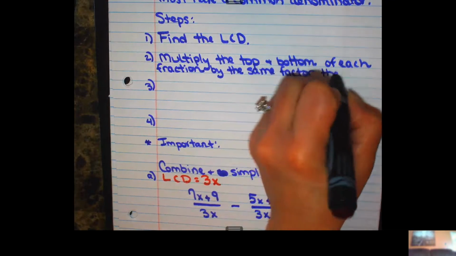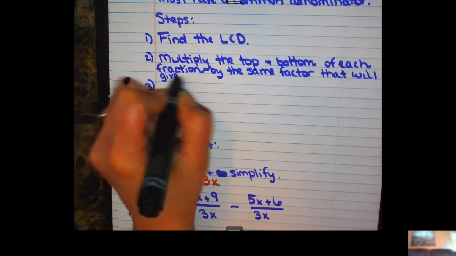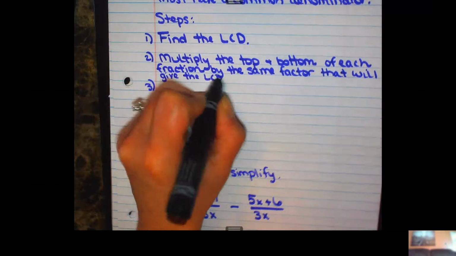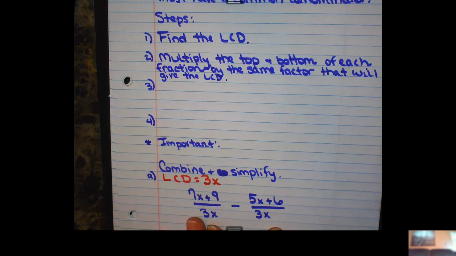That will give the LCD. So if you look at this first example, we already have the LCD, so we can skip that step. If they were different, we'd have to use that.